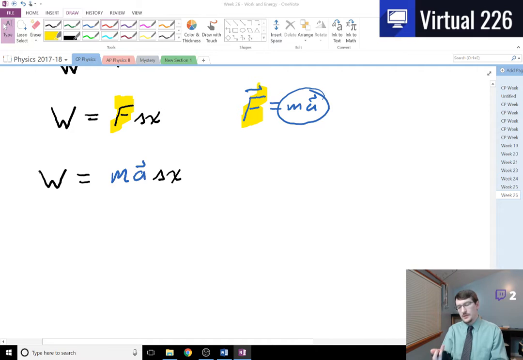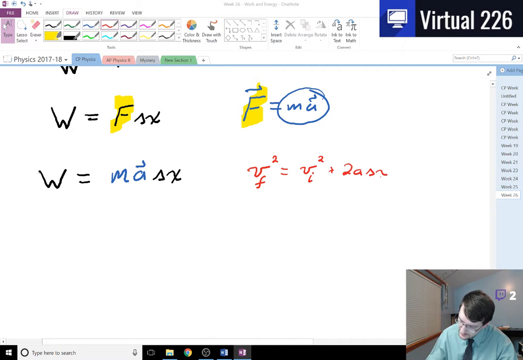I'm also going to recall, this is kind of a leap of faith, that when we discussed motion quantities earlier in the year, there was an equation where the final velocity squared was equal to an initial velocity squared plus 2a delta x. If you're in the 226, you know that is equation number 6 from our list. It's just one of our kinematic motion equations.